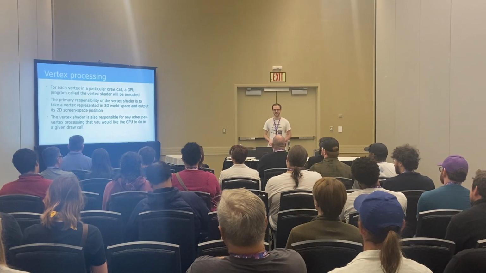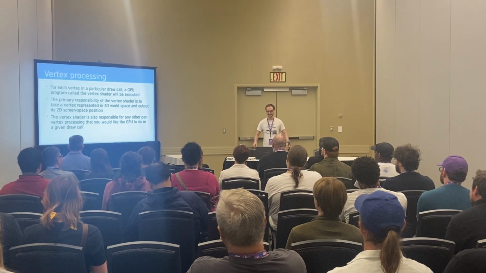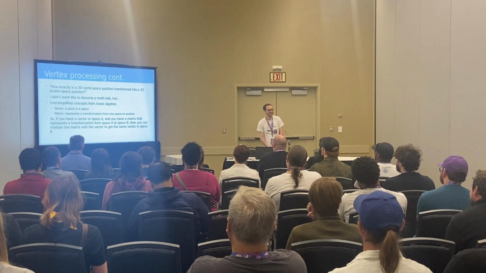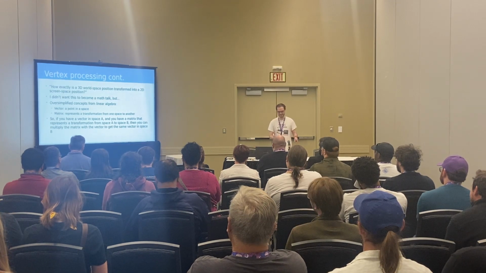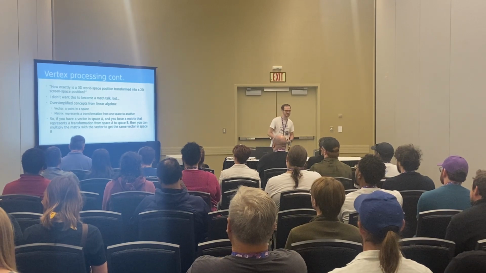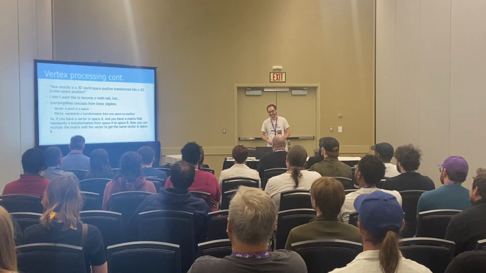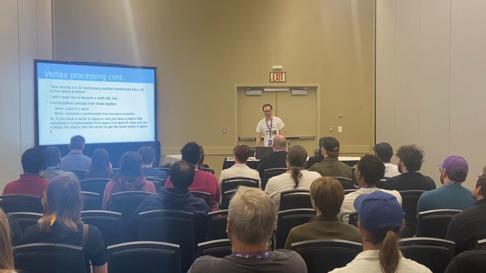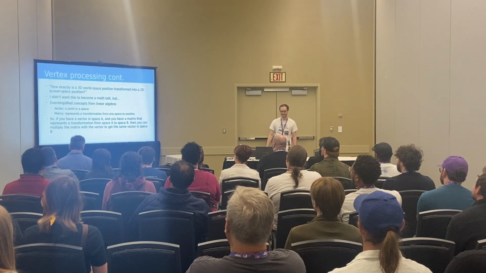Now, of course, I keep saying transform from 3D into 2D. This naturally begs the question: how? How do you take a 3D vertex and put it into a 2D space? While I didn't want this to become a talk about mathematics, I am going to have to bring in some oversimplified concepts so that we can continue without being too confused.